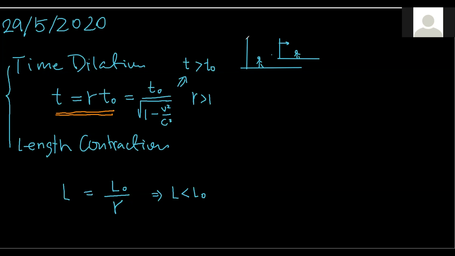This is called the frame S, and this is called the frame S prime or S dash. This velocity V is constant, but it is measured by this observer. We just consider one-dimensional motion, along x.